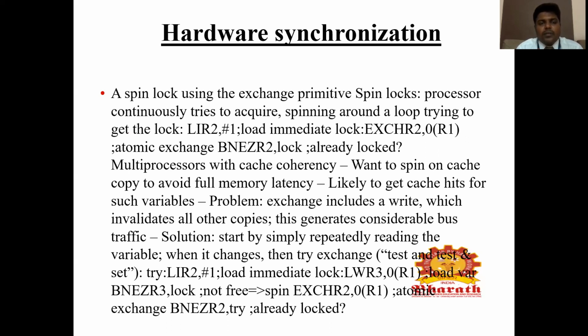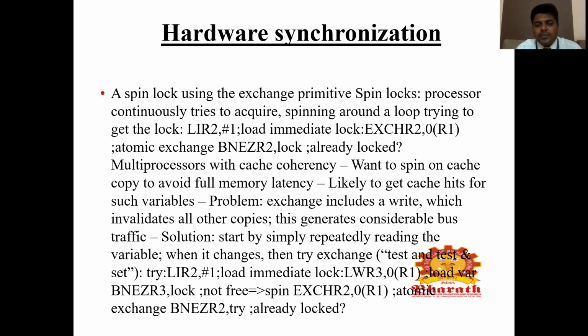Now, let's look at the spinlock. A spinlock using the exchange primitive: the process continuously tries to acquire the lock, spinning around a loop. If it is already locked, a multiprocessor with cache coherency wants to spin on the cache copy to avoid full memory latency.